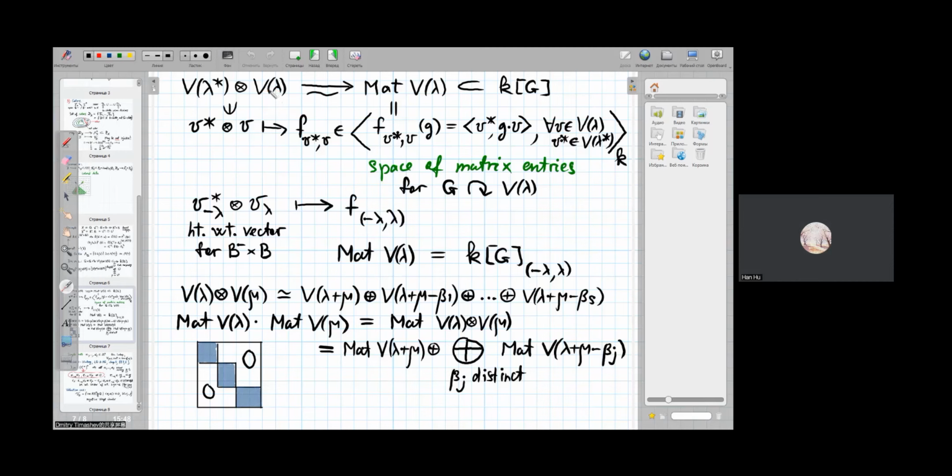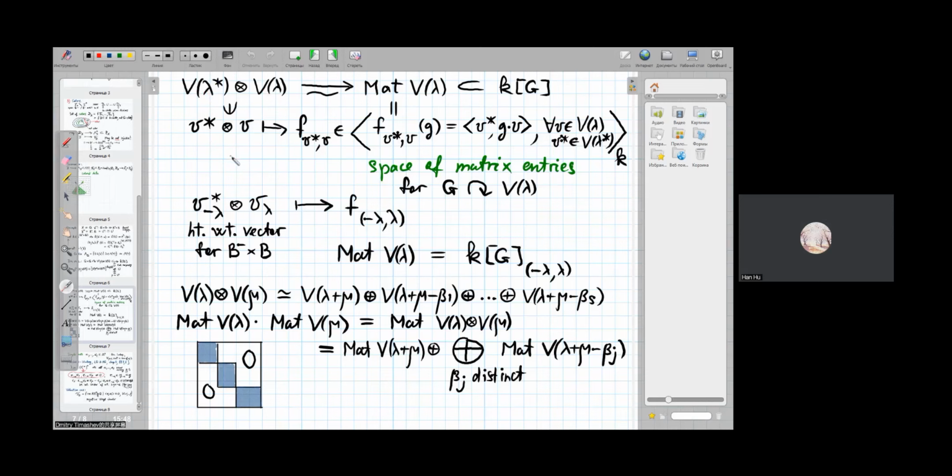Here we have the highest weight, lambda. This means that here we should have the opposite weight, minus lambda. This highest weight, lambda, was the biggest one among the weights here, and minus lambda will be the smallest one among the weights here.